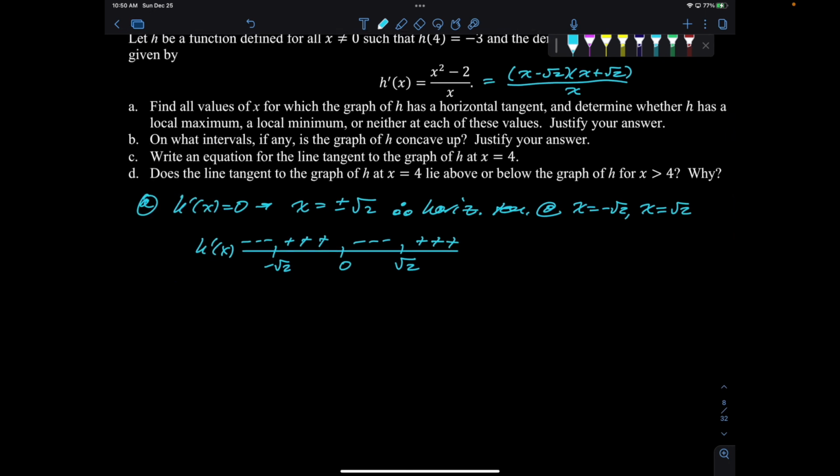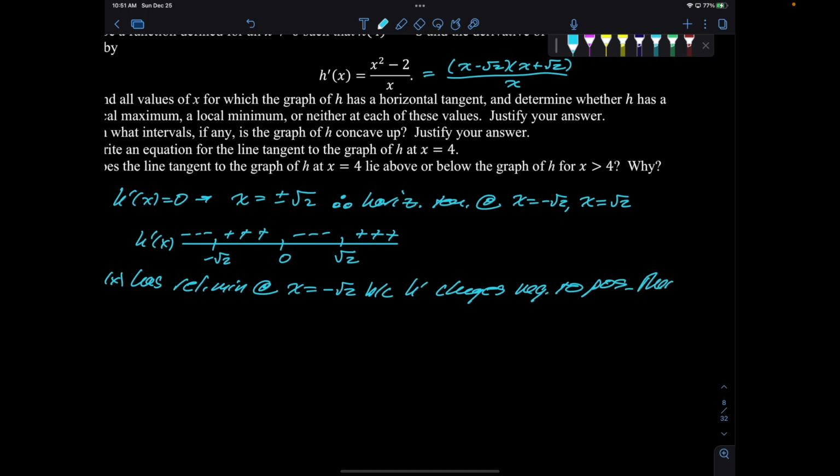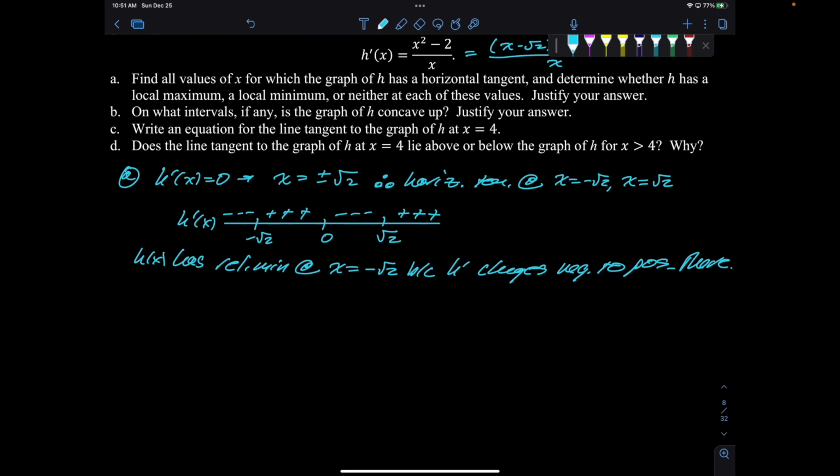h of x has a relative minimum at x equals negative root 2 because h prime changes from negative to positive there. And then h of x has a relative max at it.